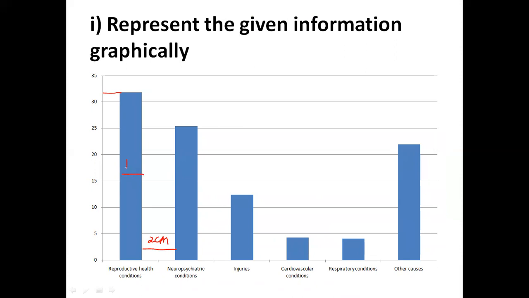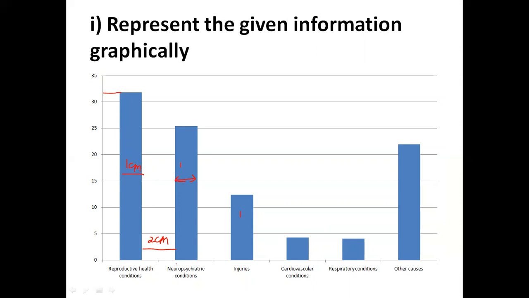In case I choose the width to be 1 centimeter, everywhere it has to be 1 centimeter only. Here also it has to be 1. Here also it has to be 1. Everywhere the width needs to be the same.